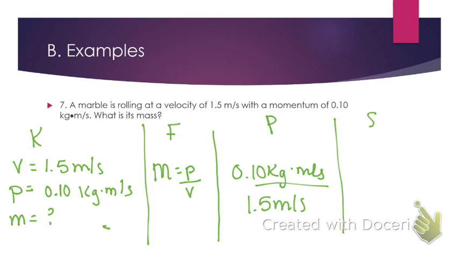Our answer is going to be relatively small here because we're working with a very small momentum and not that large of a velocity. So we get an answer of 0.067. If you take a look, meters per second is in the top and bottom. Your handout sheet works through that as well. So the unit here for mass is going to be the kilogram.